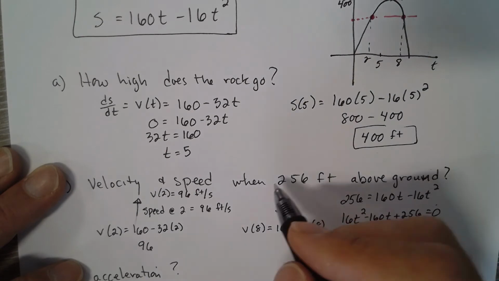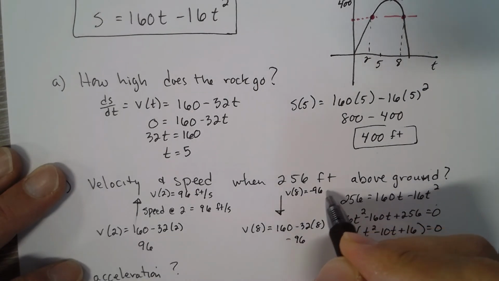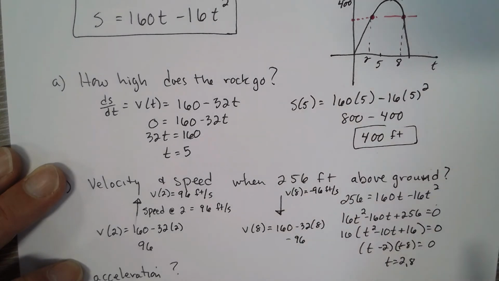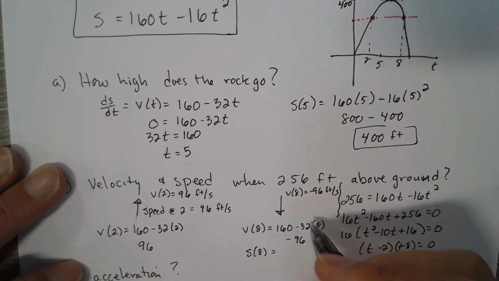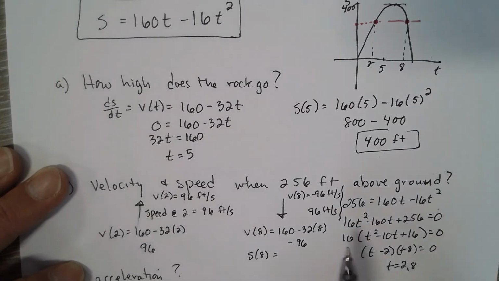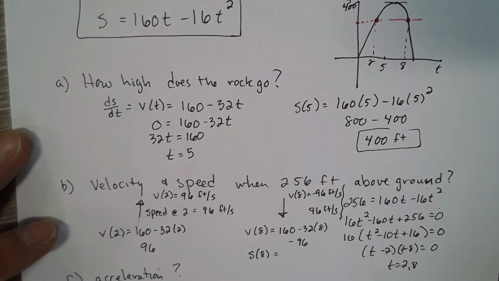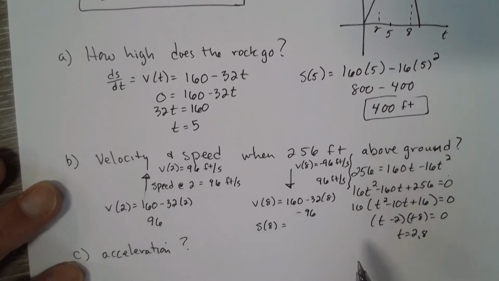So the velocity on the way down, or the velocity at 8, is negative 96 feet per second. And then the speed on the way down would be positive 96 feet per second, because you can never have a negative speed. I should have used a different color, sorry about all that.